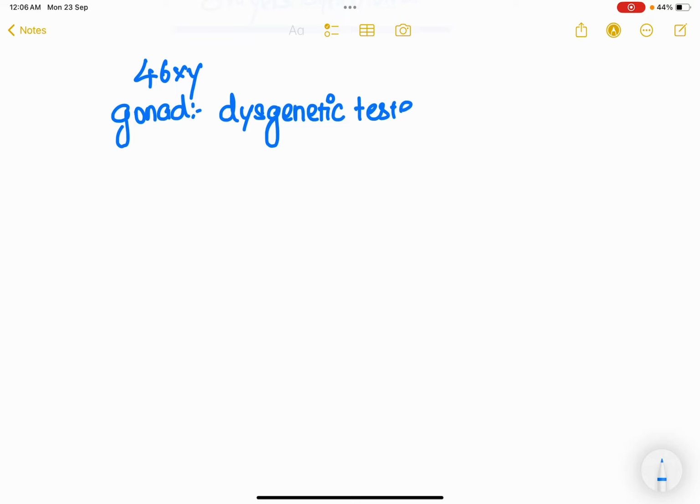The gonad of the male population, 46XY, is going to be testis. Is that clear? Yes, because we have always discussed that when the Y chromosome is present, the SRY gene is going to be present. When the SRY gene is present, it will activate the development of the testis. So in 46XY, the gonad is going to be testis, but the problem is that it is going to be dysgenetic. Abnormal development of the testis is going to be present.